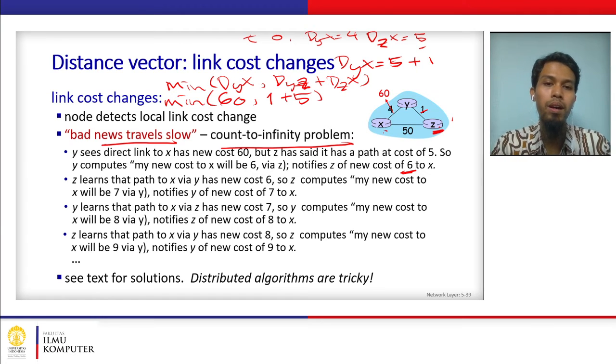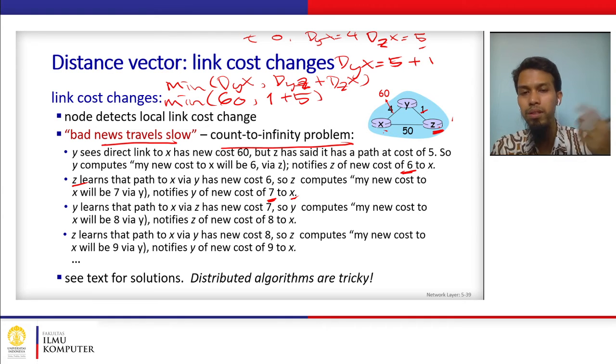Because it knows that the cost from z to y equals 1, if the cost from y to x becomes 6, then the new cost from z to x becomes 7. This is just to continue the process.